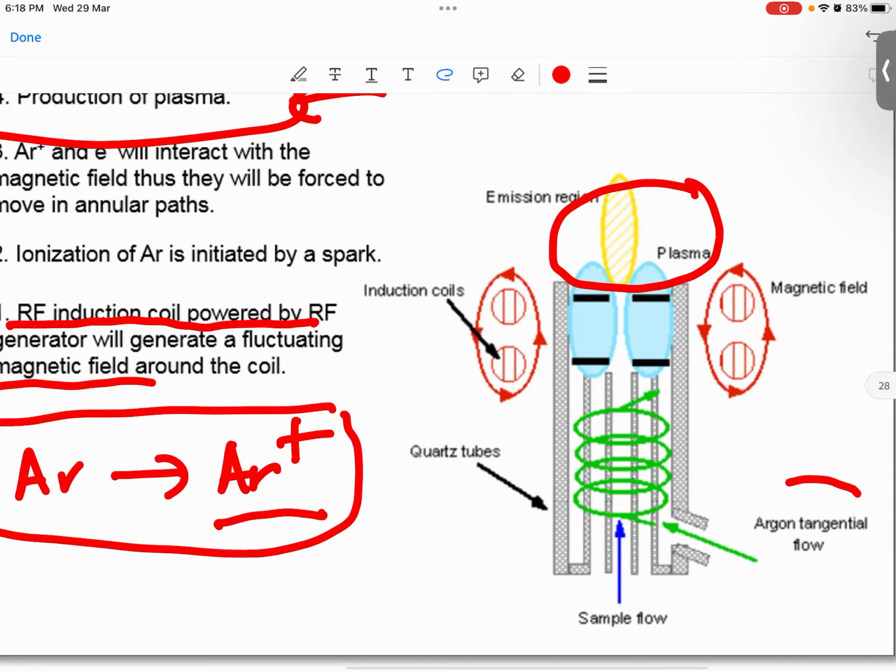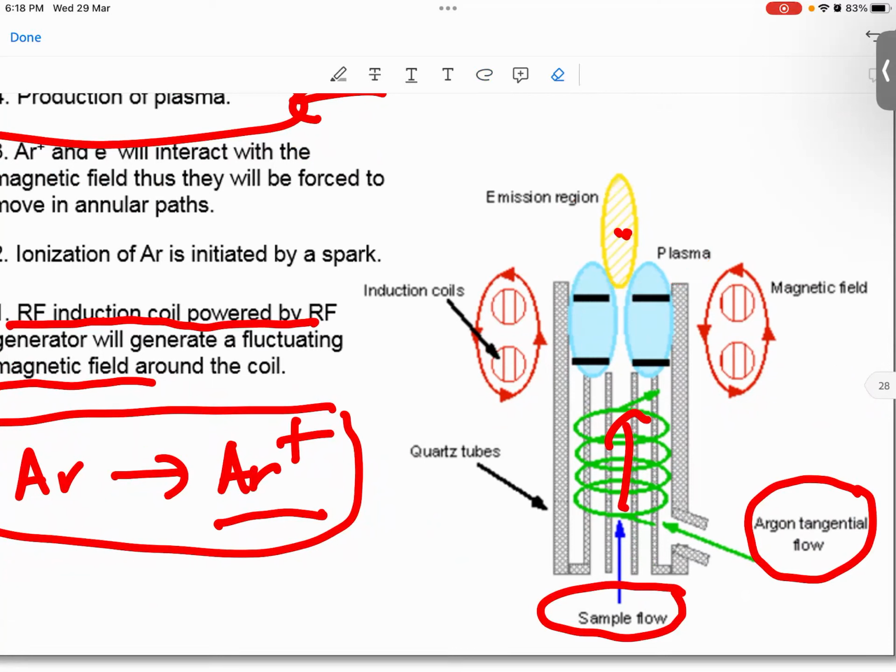Argon comes from here. The sample that you wish to analyze, which has multiple elements, goes together. And this plasma is the one that excites the metals in the sample, and you're going to have an emission spectrum.